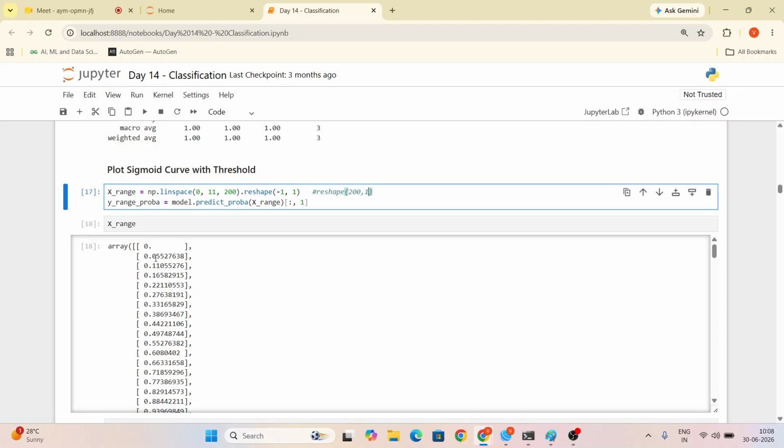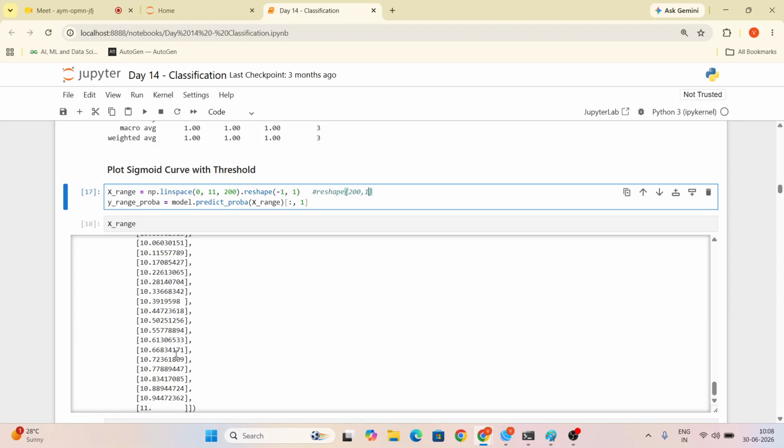The values are 0, 0.05, 0.11, 0.16, till 11. Have you understood why the X range? And for the Y range, we are predicting the same way, taking all rows and one column.